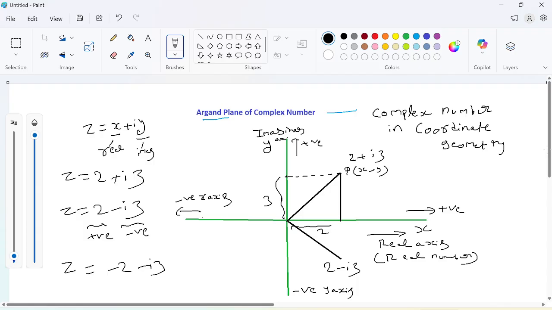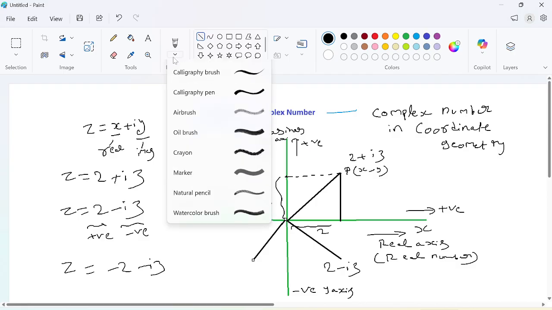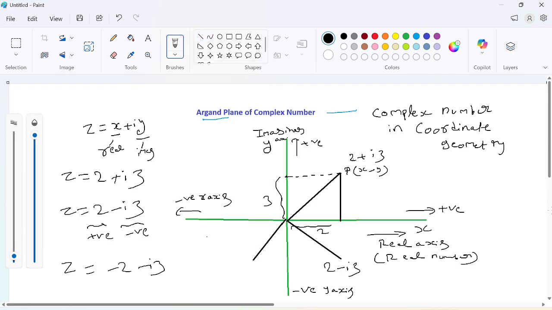Your x-axis is also negative and your imaginary y-axis is also negative. So it will be like this. This will be your minus 2 minus i3, because this is your negative x-axis and this is your negative y-axis.